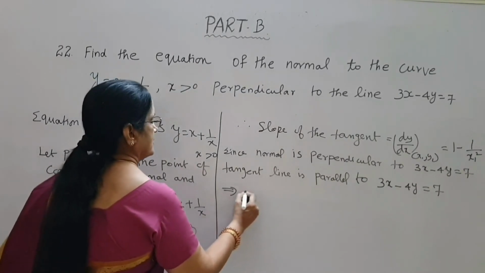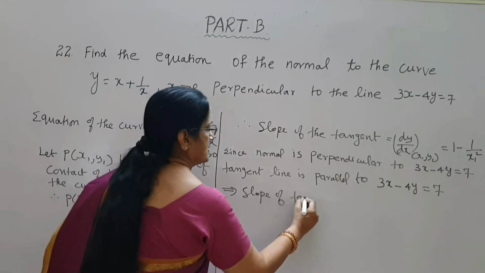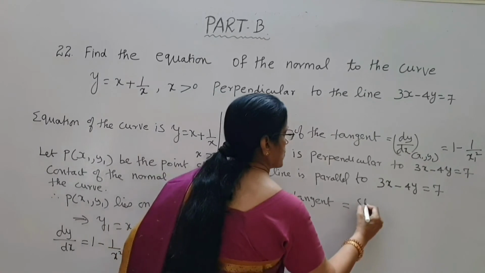This implies slope of tangent is equal to slope of the line.